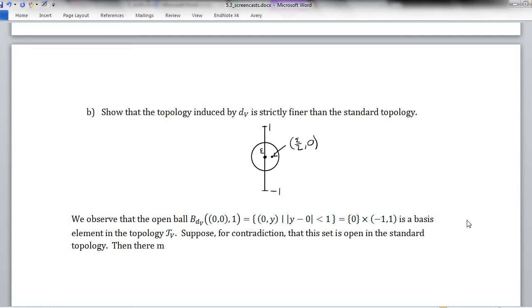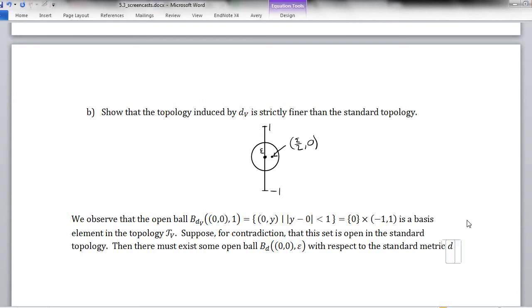So there must exist some open ball with respect to the standard metric D about the origin, some radius epsilon, which is contained in our other open ball up here in the other metric, 0 times (-1, 1).